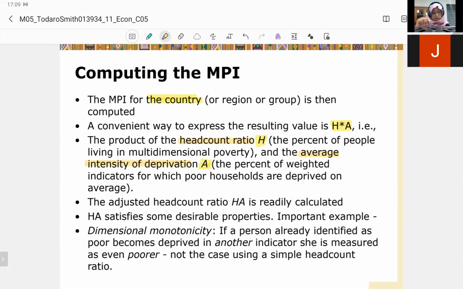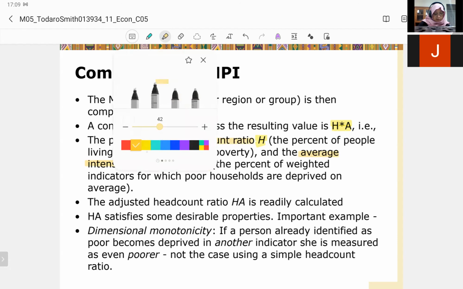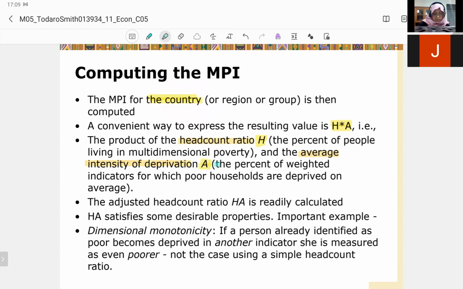The average intensity of deprivation is the percent of weighted indicators for which poor households are deprived on average.